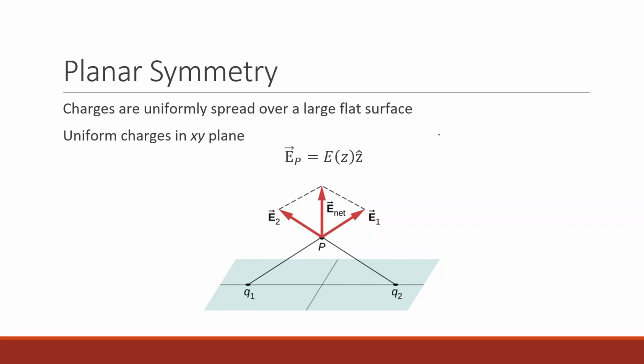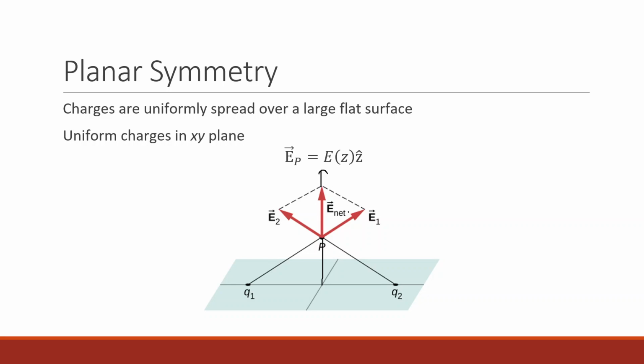So this is, again, charges that are uniformly spread over a large flat surface, and uniform charges in the XY plane typically. So we will have some electric field at some point equal to E, our electric field as a function of z, in the z hat direction. This would be like our XY plane, and our z direction would go straight up, like so.